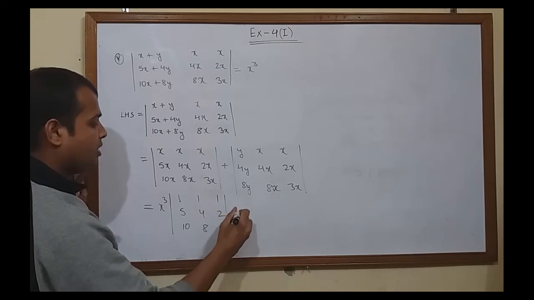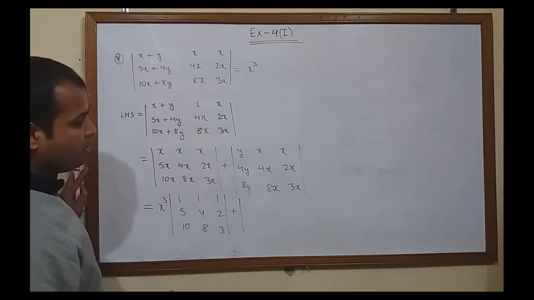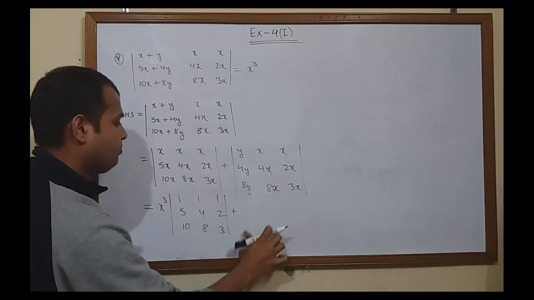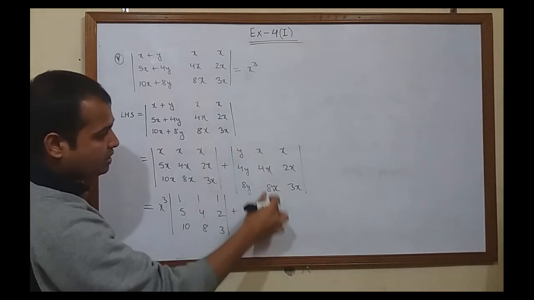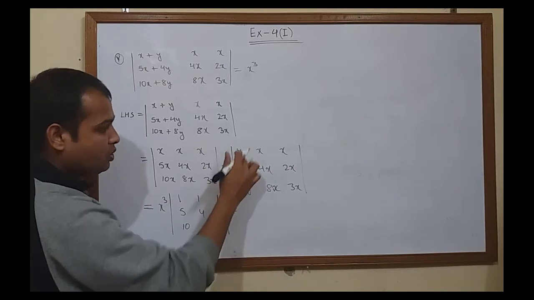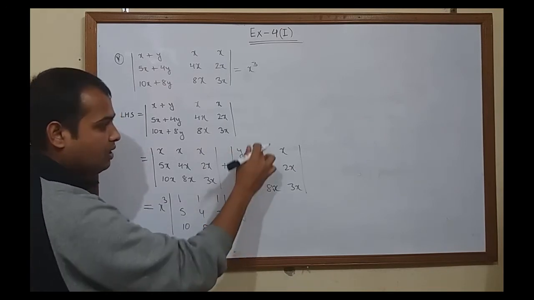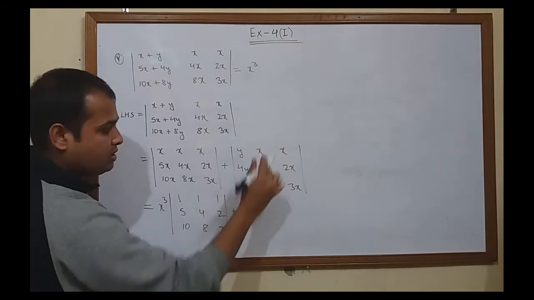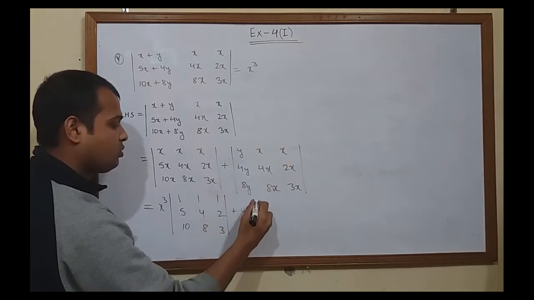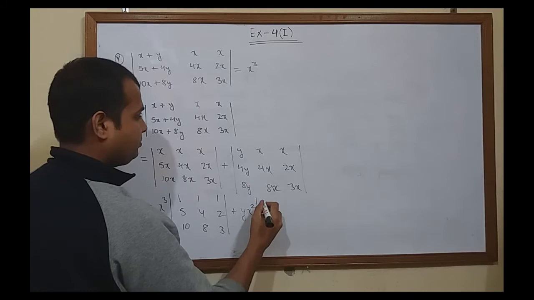Now in the second one, in the first column y is common, in the second x is common, in the third x is common, so y will come out. And from the second column x, and from the third column also x, so x into x you get x square. And then write down the remaining.